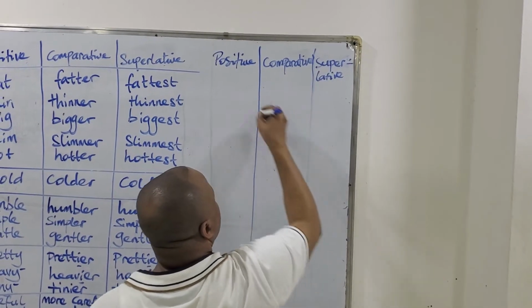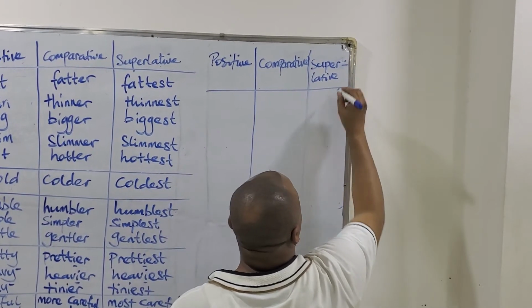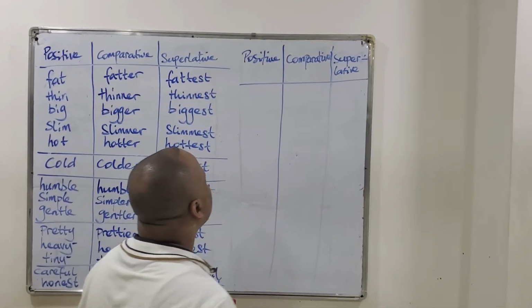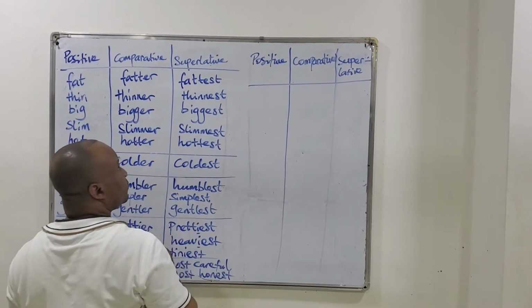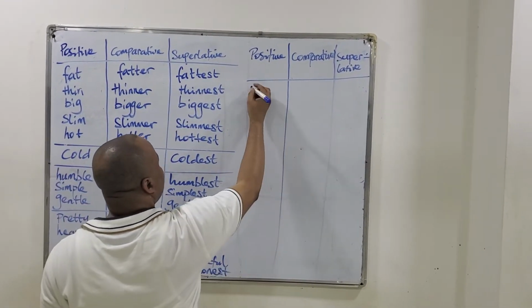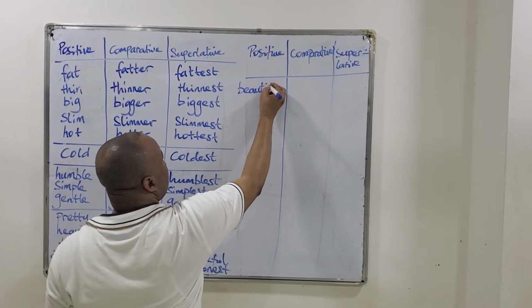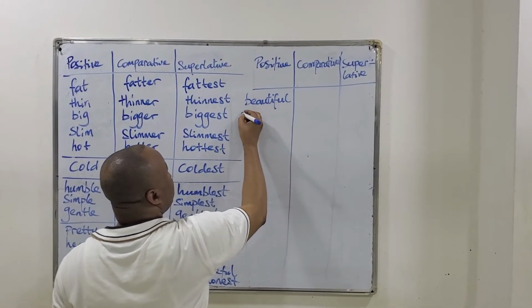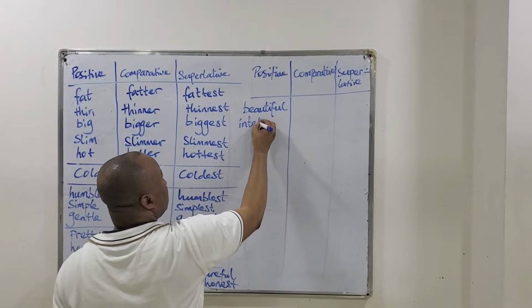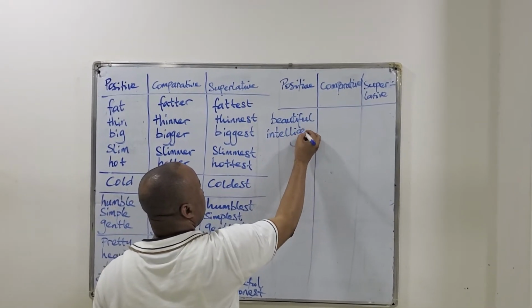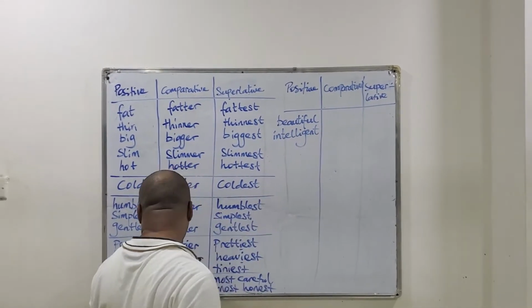We have, for example, beautiful, intelligent.